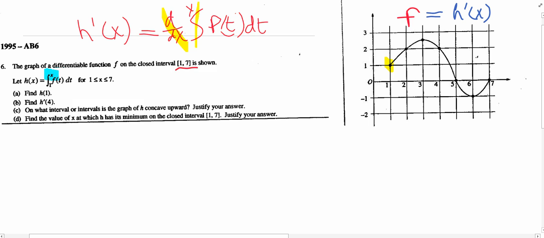Well, actually, that's not true, is it? Let's take a look at this a little bit more here. It says find h of 1. So h of 1, I got mixed up. I thought that was the derivative. So h of 1 would be like me plugging in a 1 right here, right? So it doesn't matter what the integral is, because we don't really have any ability to find that because we don't have a function, we just have a graph.